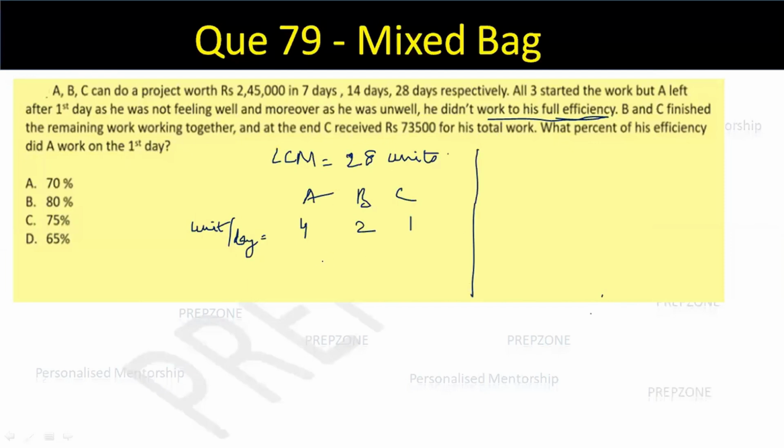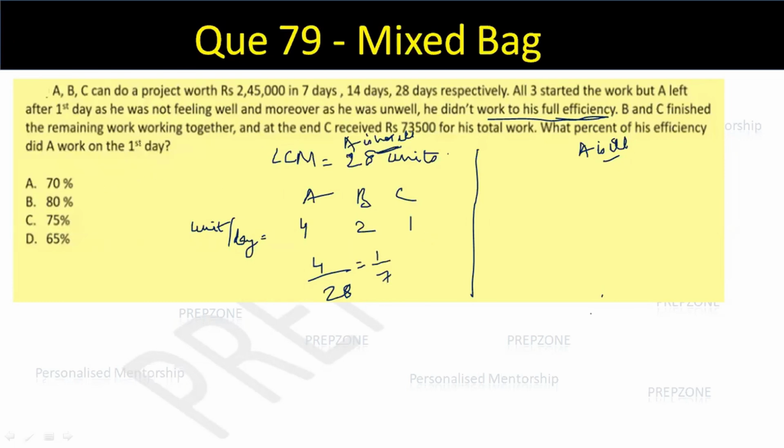When A is ill, मतलब when A is ill, तब and when A is not ill. Okay, A is not ill. So if A is not ill, then can I say कि A का contribution will always be 4 by 28 because A is working to his full efficiency, so his contribution will always be 1 by 7.